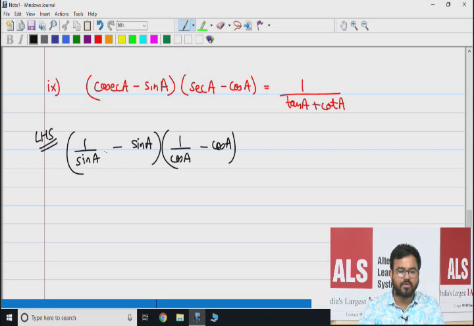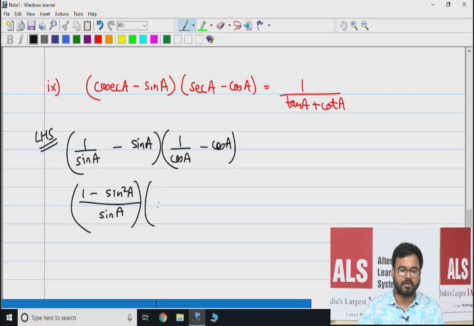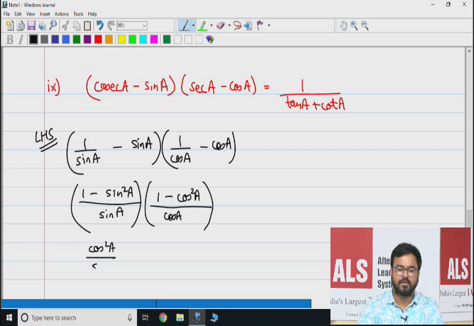Now if I take the LCM over here, this will become 1 minus sine square A over sine A, and this will be 1 minus cos square A over cos A. And 1 minus sine square A, we can convert this as cos square A over sine A, and 1 minus cos square A can be written as sine square A over cos A.